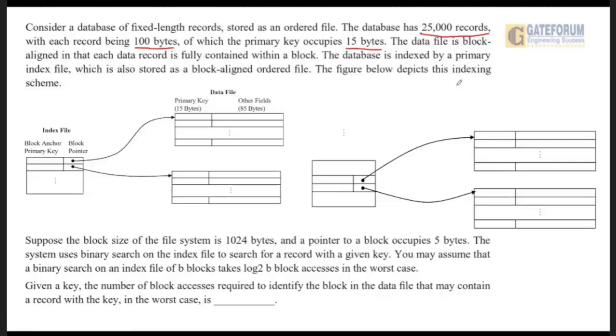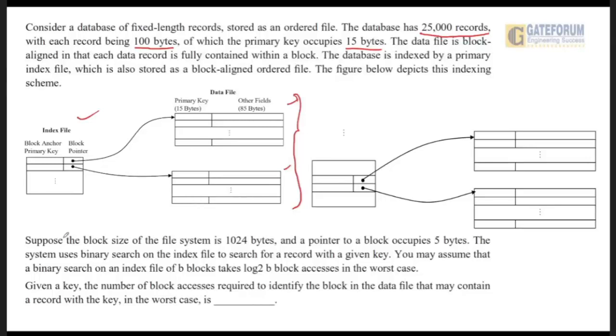The figure below depicts this indexing scheme. Here you can see how the indexing is done. Here in all these blocks, the data is stored, right? In which the primary key is of 15 bytes and the other fields are of 85 bytes. All these blocks are storing the data. And then on all these blocks, the indexing is done.